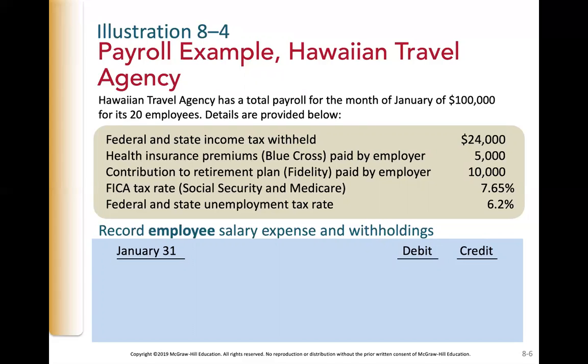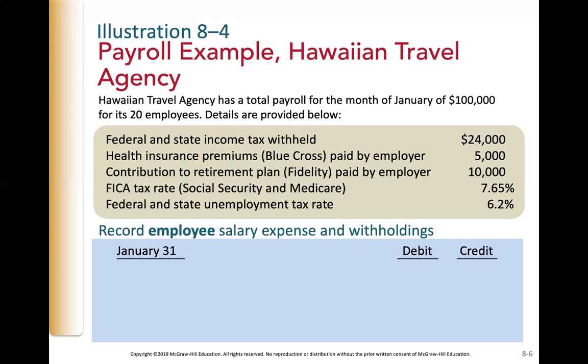Health insurance premiums for Blue Cross Blue Shield paid by the employer, $5,000. Contributions to retirement plan of Fidelity paid by the employer equals $10,000. The FICA tax rate is 7.65%, and the federal and state unemployment tax rate is 6.2%.